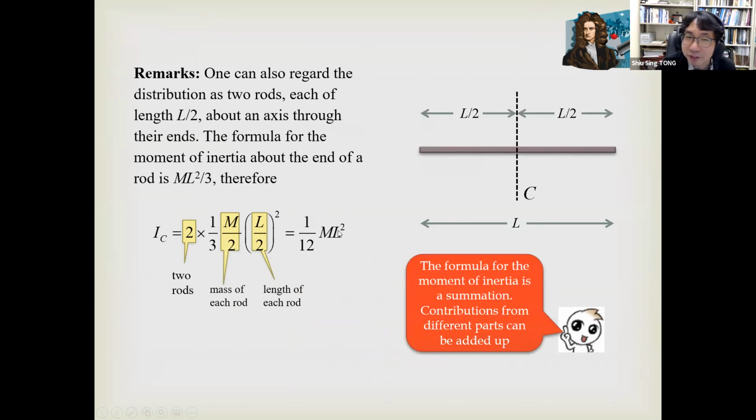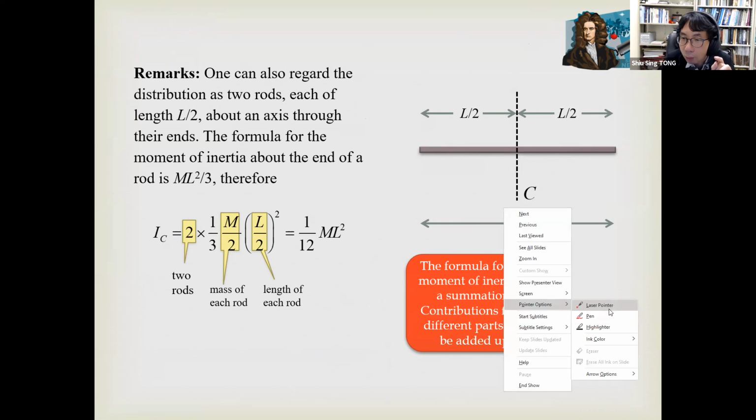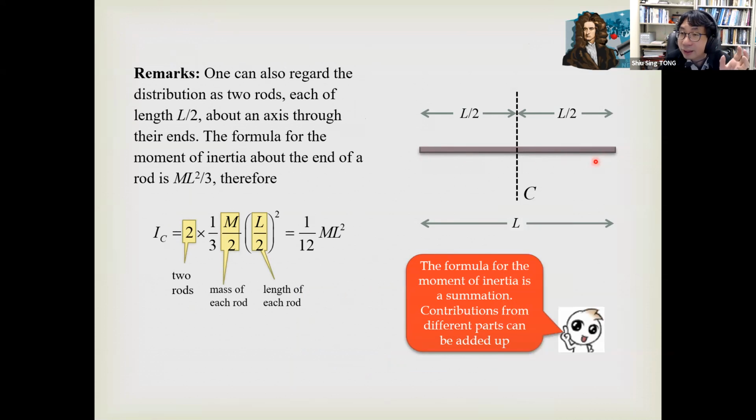Now, there is another method to find IC. That is because moment of inertia is a sum, right? You can consider the whole rod to be a sum of two smaller rods, and each of the rods has a length L/2. So you consider not a single long rod about its center, but two smaller rods of moment of inertia about one end.